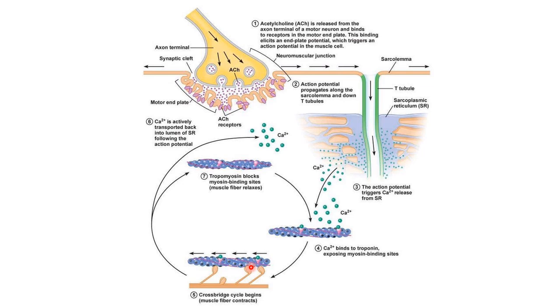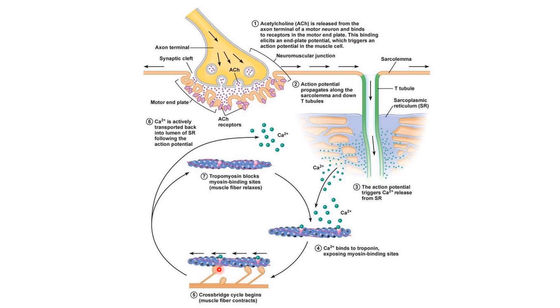Next, what happens is the power stroke. That is, ADP and Pi will be released from the myosin head, and this will result in binding of ATP again to the myosin head. Once ATP is bound to the myosin head, the muscle will start relaxing, and the link between myosin and actin filaments will be detached.